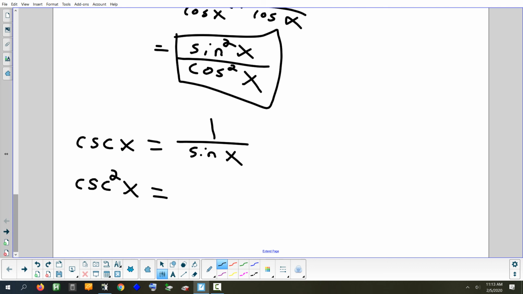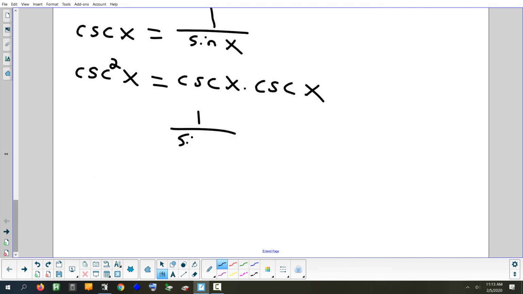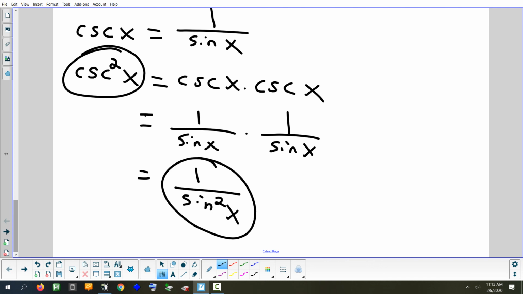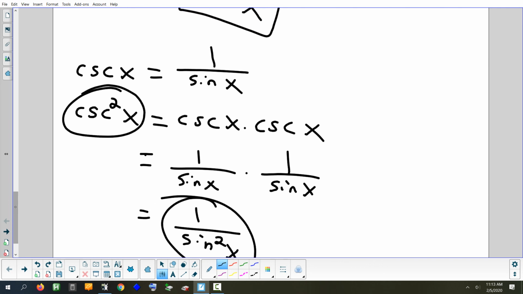It's cosecant times cosecant. Well, cosecant is 1 over sine. Multiply them together. 1 times 1 is 1, and sine times sine is sine squared. So cosecant squared is 1 over sine squared. Cosecant cubed, 1 over sine cubed. Cosecant to the 5th, 1 over sine to the 5th.